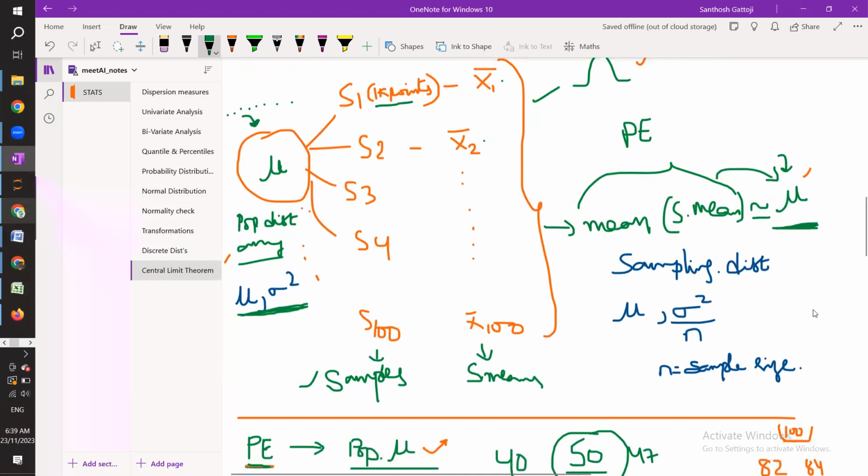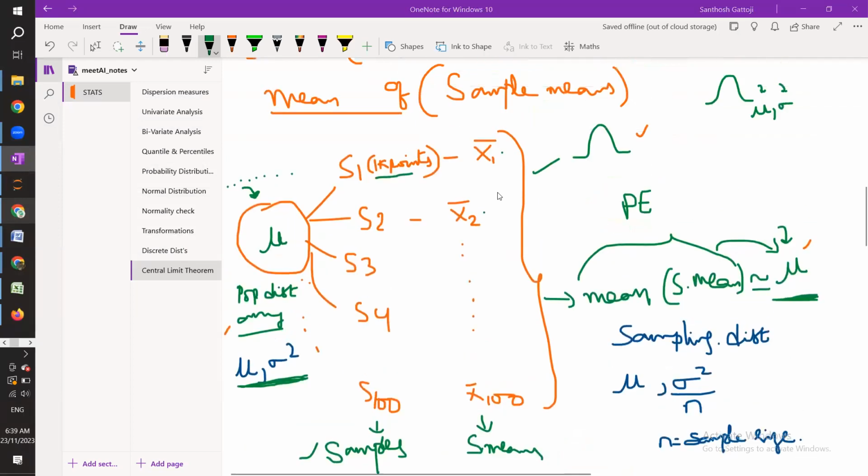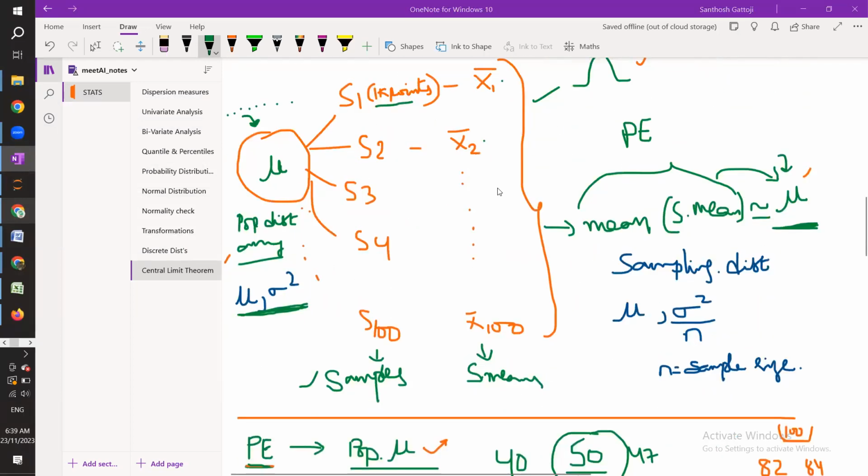If you remember from the central limit theorem, just to give a recap: if you have a population with mean equal to mu, you have something called a sampling distribution.